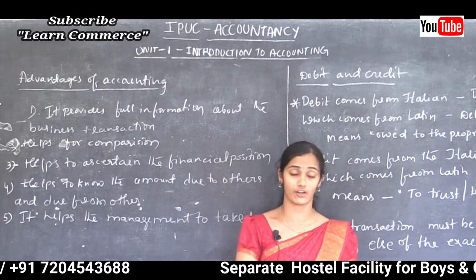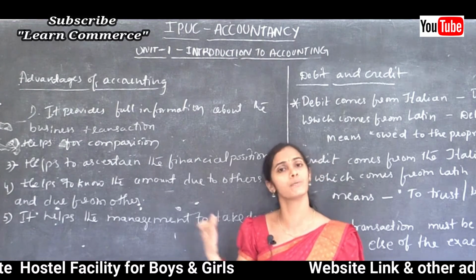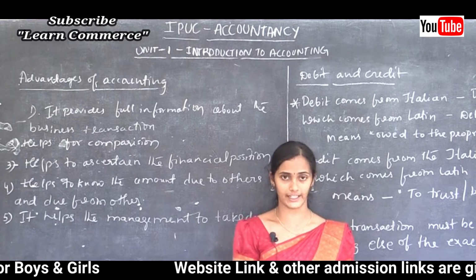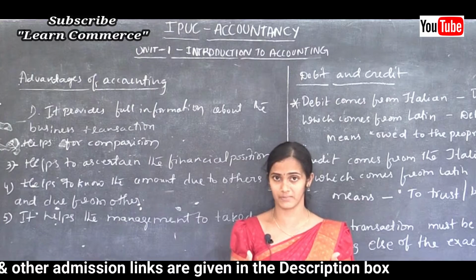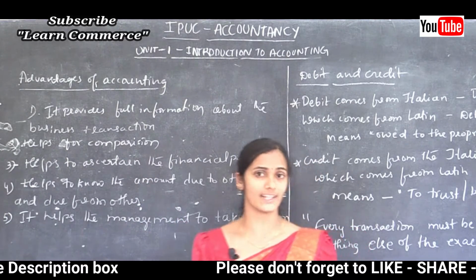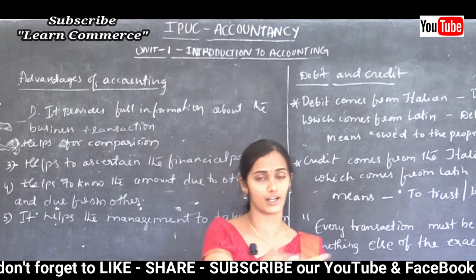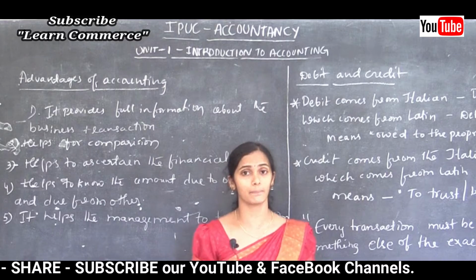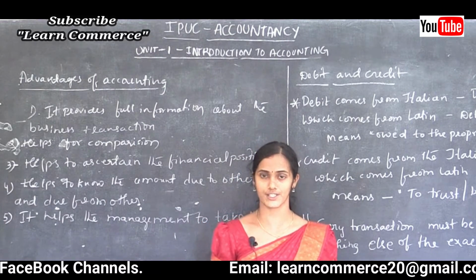That information is required by many others, maybe internal users or external users. As I already mentioned, the accounting information of a company is required by others to take important decisions.